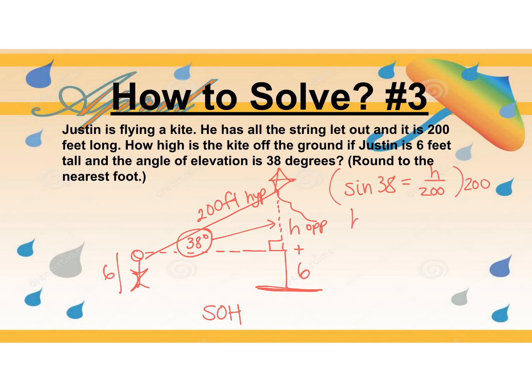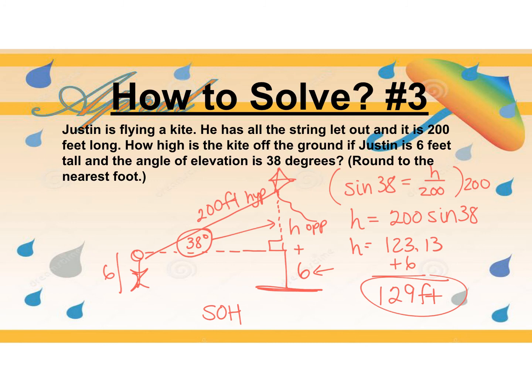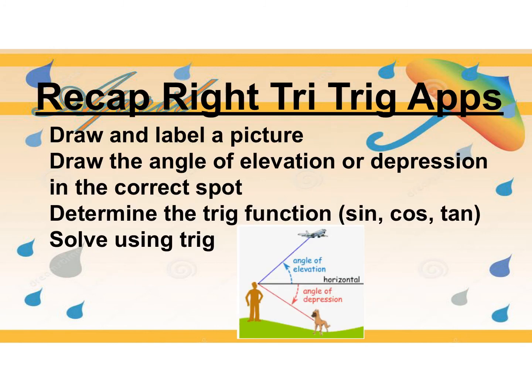I like to flip my h around to the other side, and I get h to be 200 times sine of 38. When you do that on your calculator, you get 123.13. It did ask to be rounded to the nearest foot. I have to remember to add the 6. I'm going to add the 6, and I get about 129 feet high is that kite.